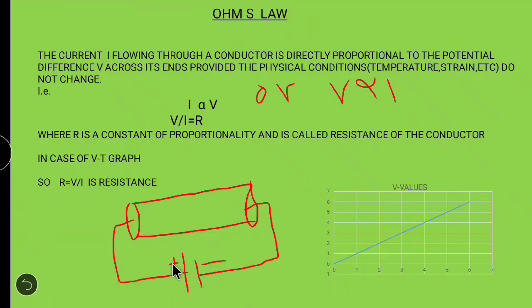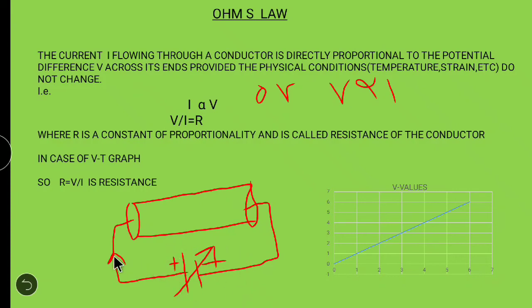And here students, we should take a variable battery. This battery is a variable battery. What do I mean to say? We can vary the potential difference of this battery.